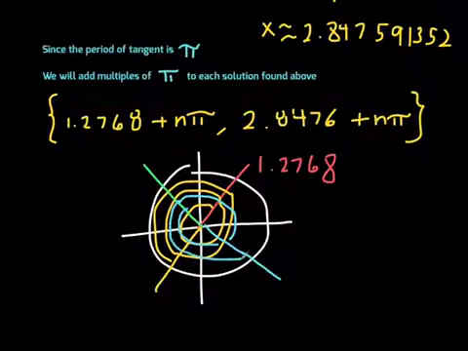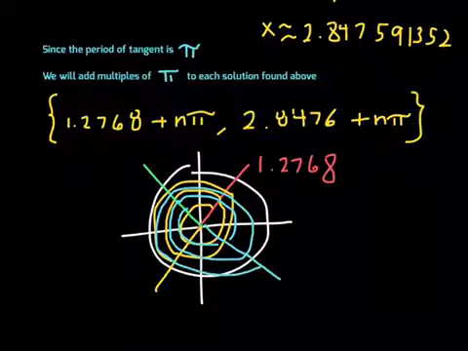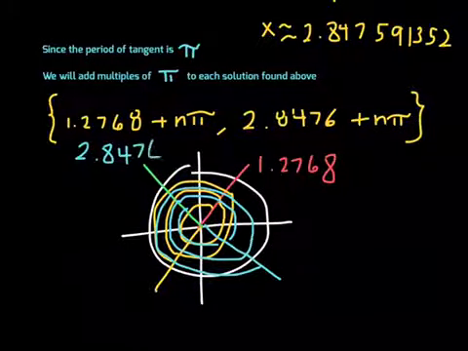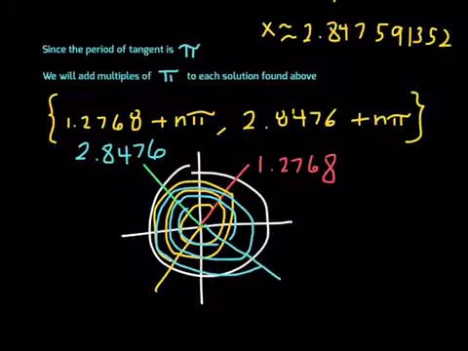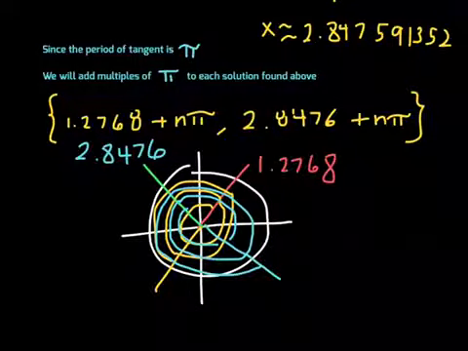Add pi again, and this is the very sloppy picture, but add pi. So I'm hoping that you see a visual of what we're saying when we start with these two solutions of least positive measure, and then just add multiples of the period to them to get all of the other solutions.